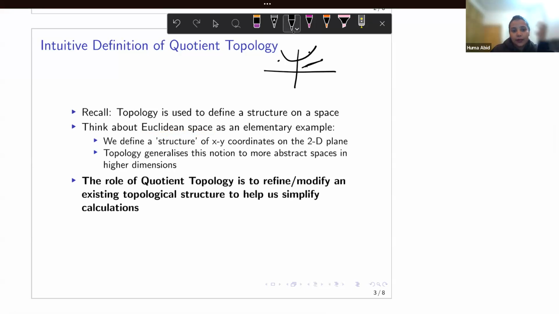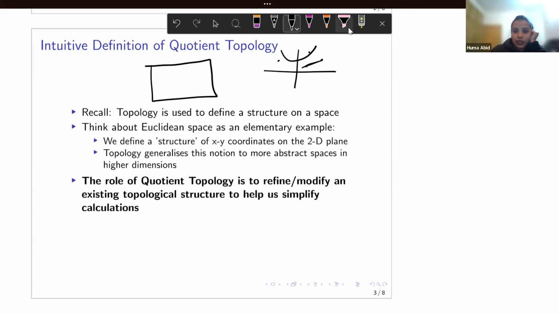The purpose of this XY coordinate structure on a 2D plane is to ensure that when you have a space, you can do some mathematics on it. If you don't have any structure on it, if it's just a 2D plane, then it's very difficult for you to study that space in any rigorous fashion.